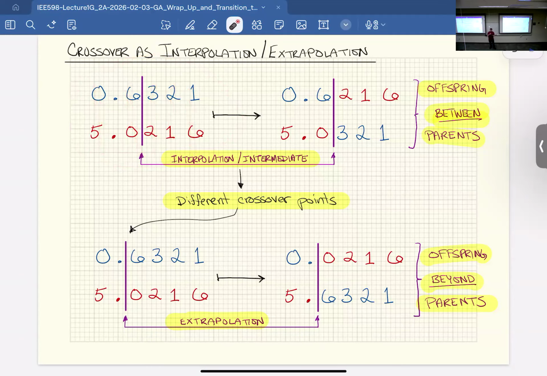So the different crossover points, which are selected at random, sometimes interpolate between parents and sometimes extrapolate from around parents. They're still borrowing from the parents, but for at least a numerical case, you could come up with a mathematical operator that would tend to do the same sorts of things.